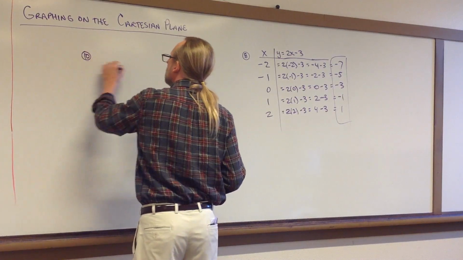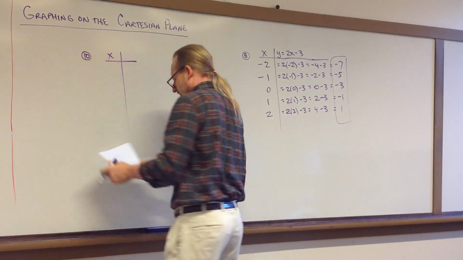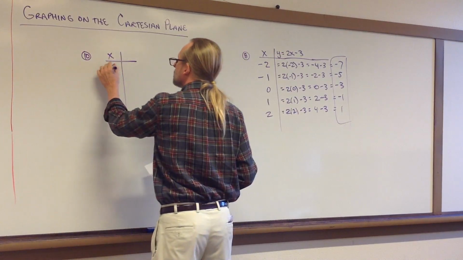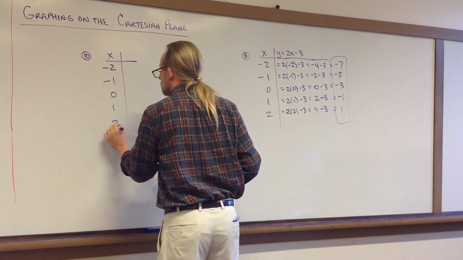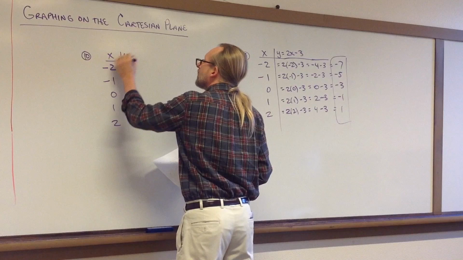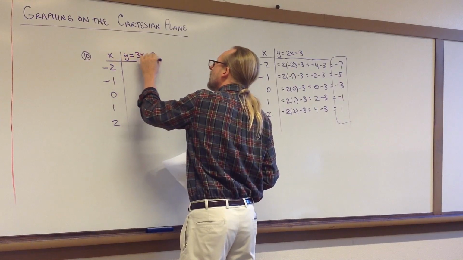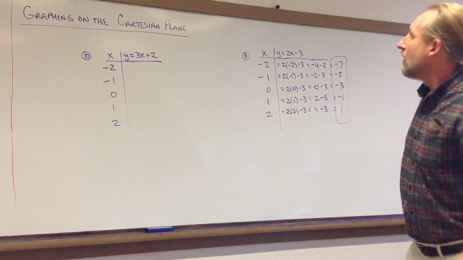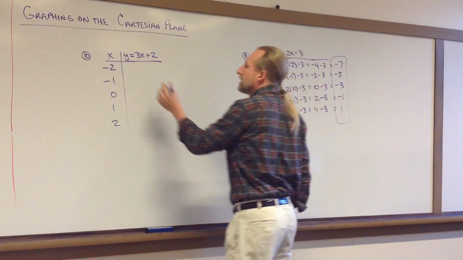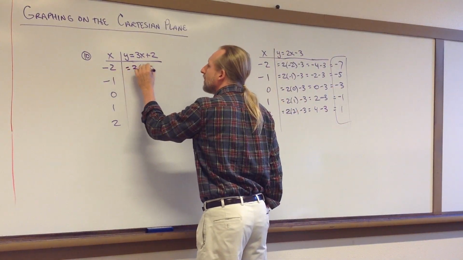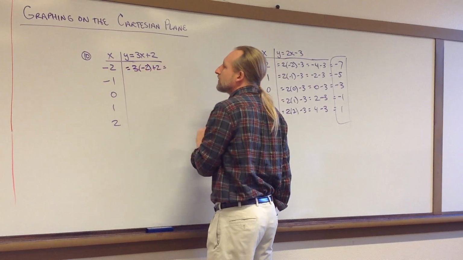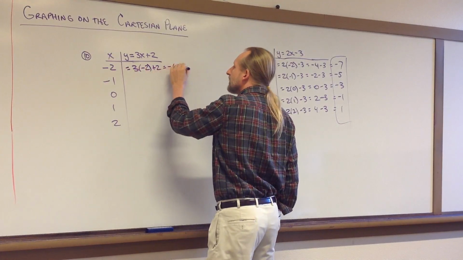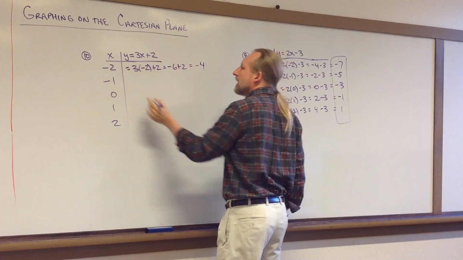Problem 10. Let's see, our x values are the same, negative 2, negative 1, 0, 1, and 2. The y values are 3x plus 2. Okay, so we're going to do the same thing that we've done on all these problems. Plug in the x values and then calculate. Negative 6 plus 2 is negative 4.